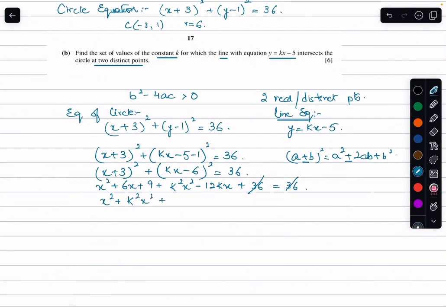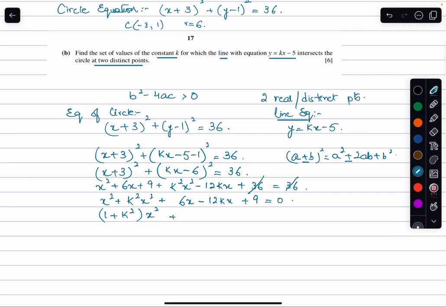I'm just arranging all the x squares, all the x's, and then I am left with the constant, which is 9. This equals 0. So I can take x² common to get the coefficient as 1 + k². That becomes the a value for the discriminant.